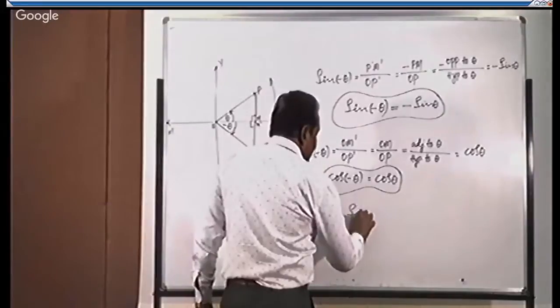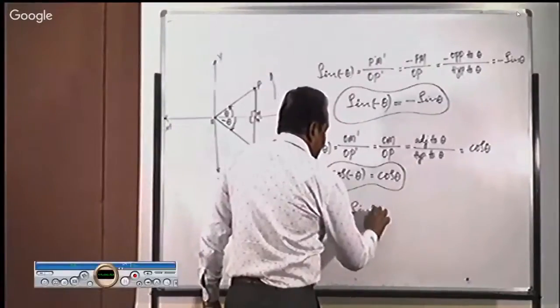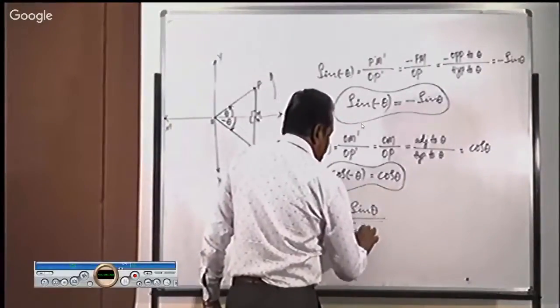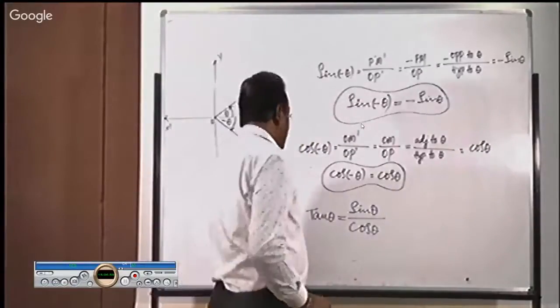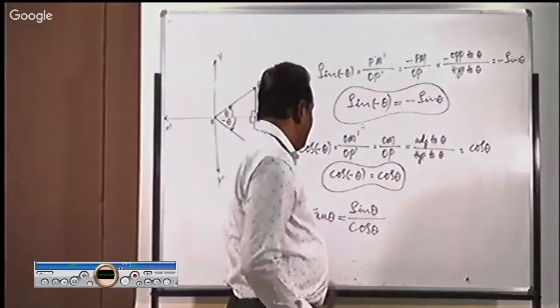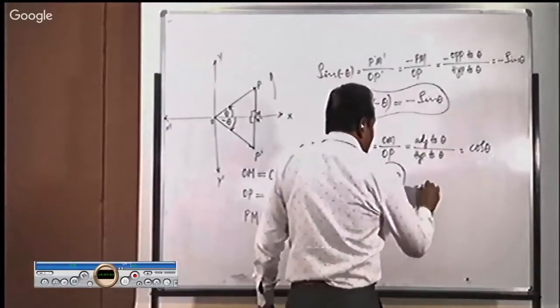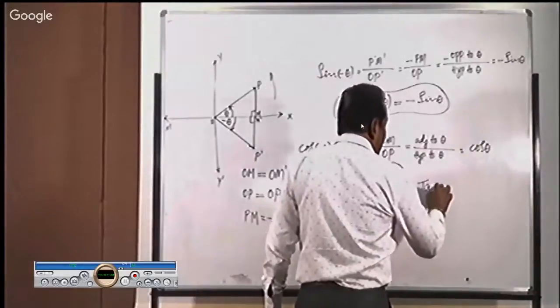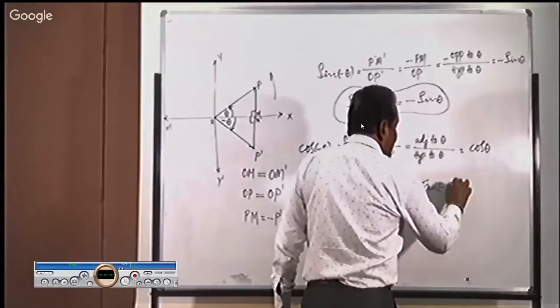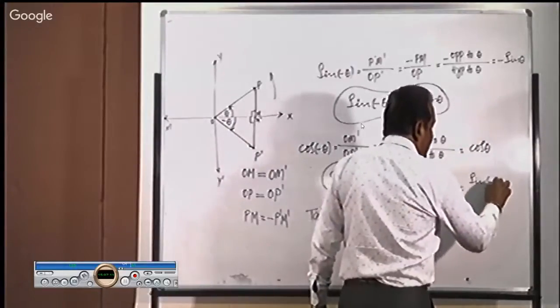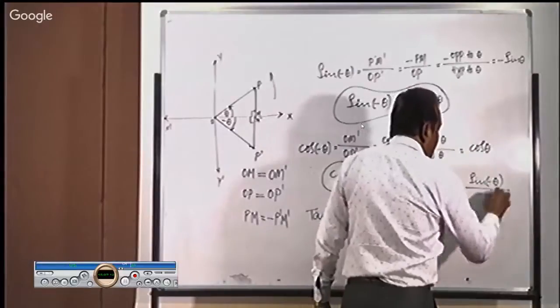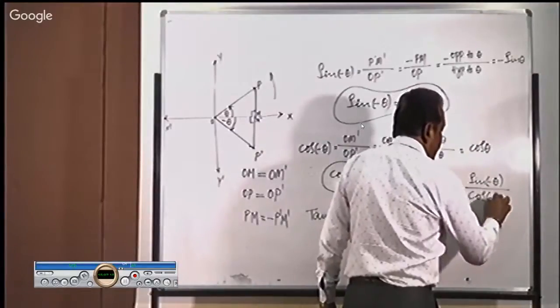That is, tan theta is equal to sine theta divided by cos theta. So like that, tan of minus theta you can write as sine of minus theta divided by cos of minus theta.